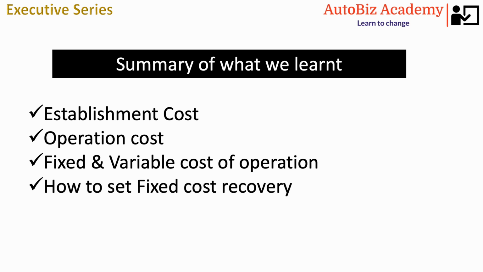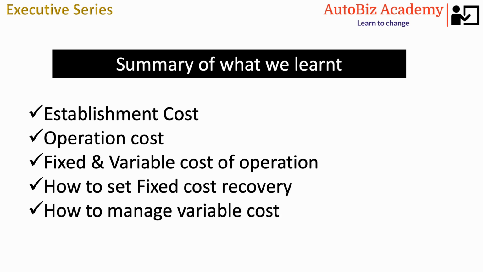Then how to set the fixed cost recovery. How to manage variable cost. Hope you understood all these points. For any more clarification, you may comment in the comment box. I will try to give you proper answers for the points which you did not understand.